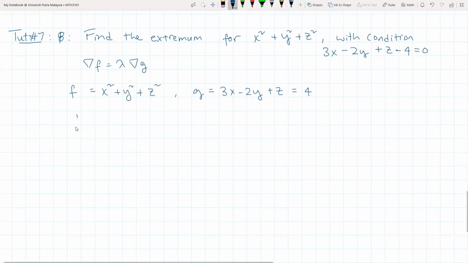What's the gradient of f? Del f equals 2x, 2y, 2z.